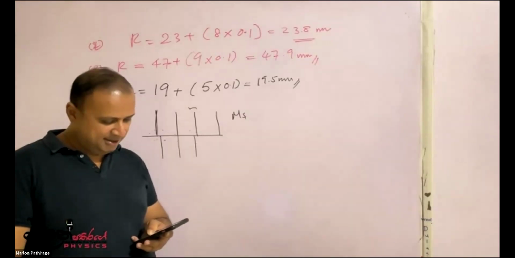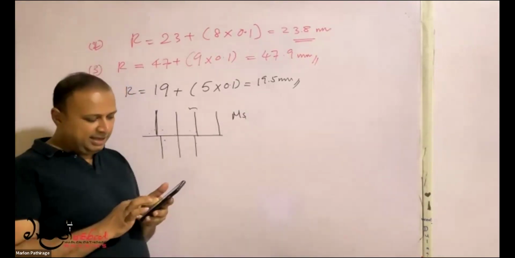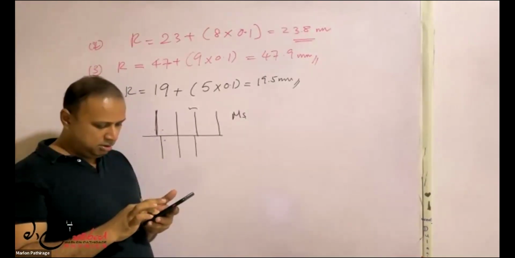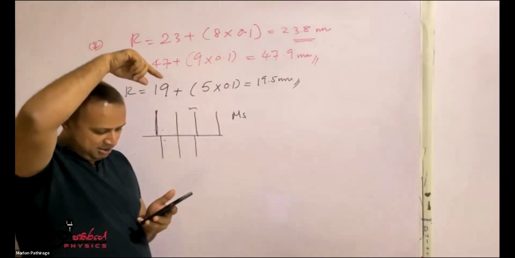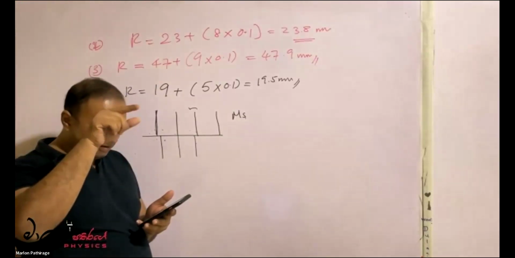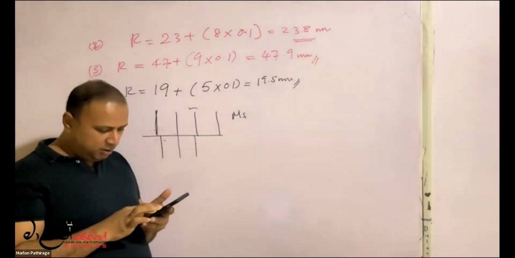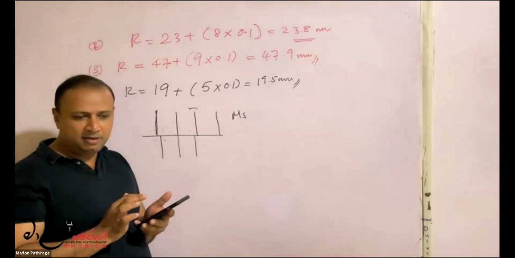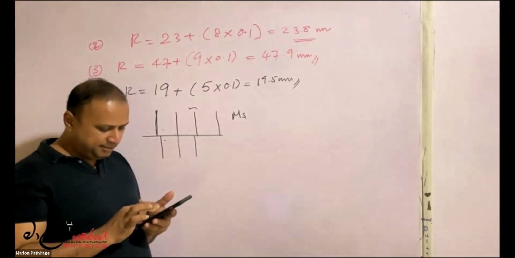In the main scale there is 9, so you have to count into the other side: 9, 8, 7, 6, 5. Therefore you can read up to 5, then 5.2, not 0.